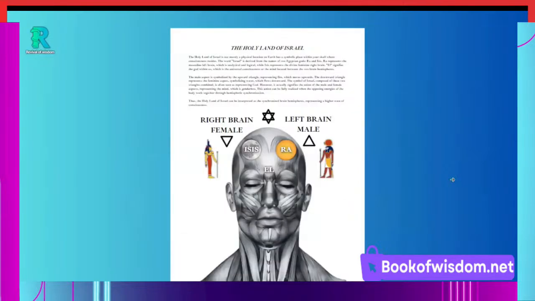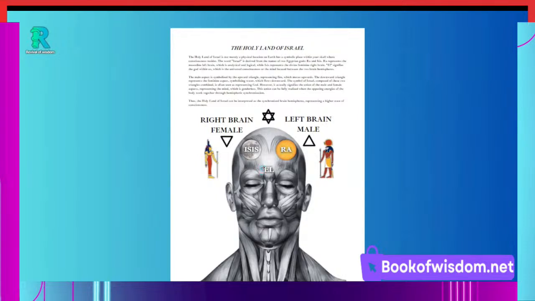This is what Israel is. Look at the symbol for Israel, the upward triangle and the downward triangle. What's that? The upward triangle represents male, the downward triangle represents female. This is talking about the brain. Israel is Isis, which is female, Ra, the Egyptian god, El. El means God.